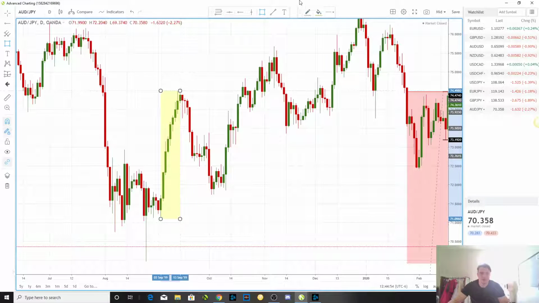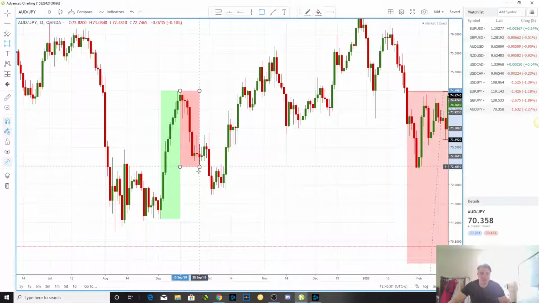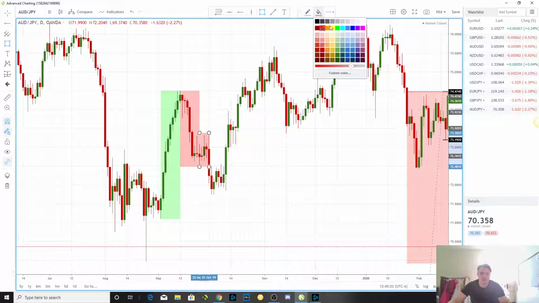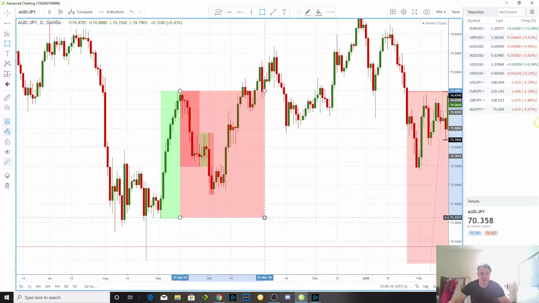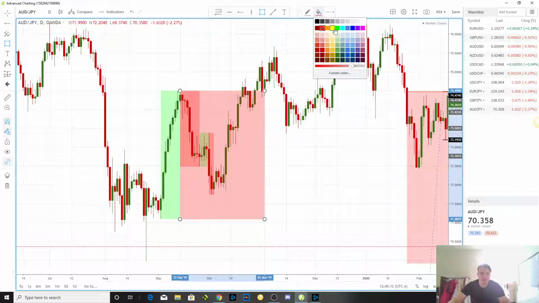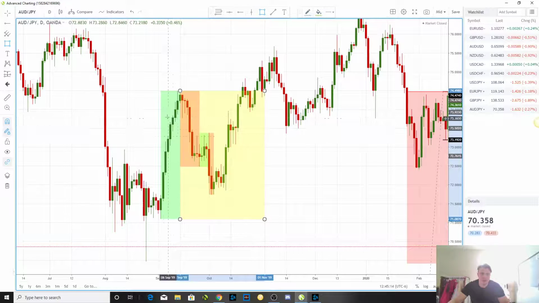So you got your, that's your moving control. That would be red, green, red, but it's inside the range of this big move right here. 72330. It's lower.